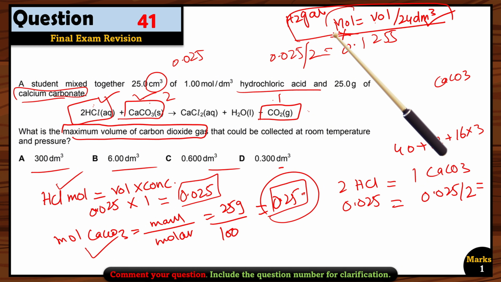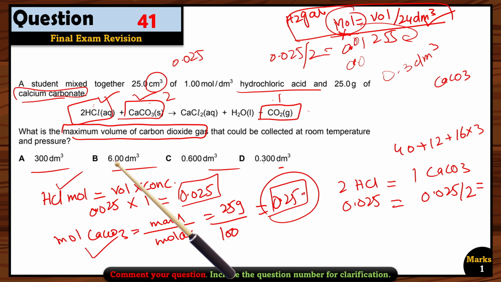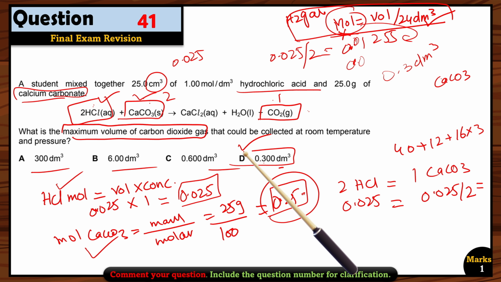Now we already know the moles, that is 0.0125. It's simple, just multiply it with 24, and your answer will be 0.3 dm cube. All the options here are in dm cube, so you can find 0.3 dm cube easily. It is option D. So option D is the right option.